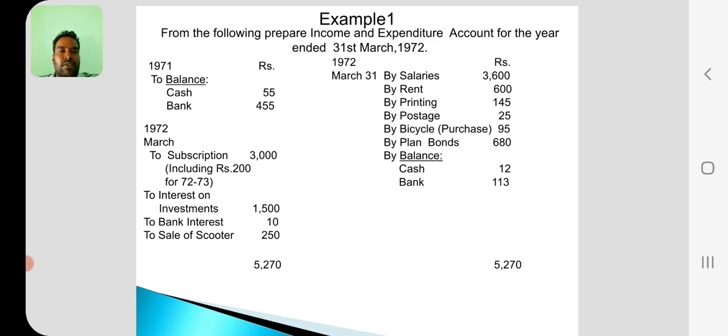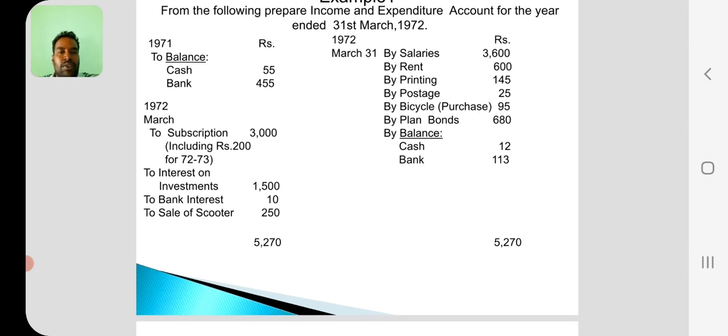To balance, cash 55, bank 455. 1972 March, to subscription 3000, including 200 for 72-73 year. To interest on investments 1500. To bank interest 10 rupees. To sale of scooter 250.